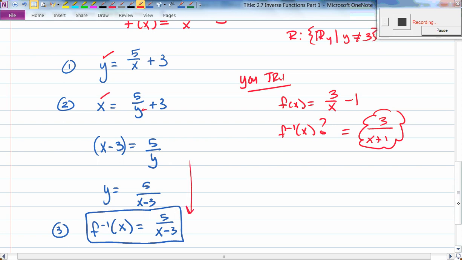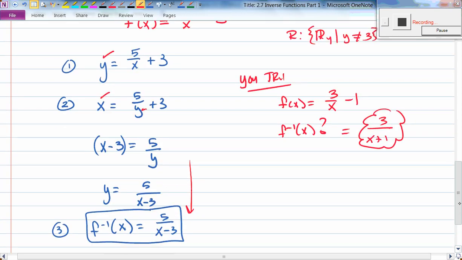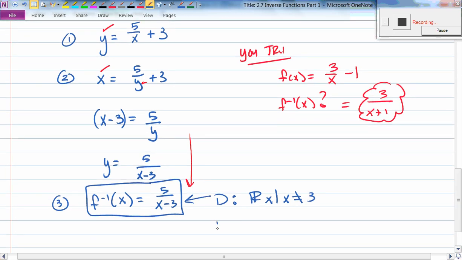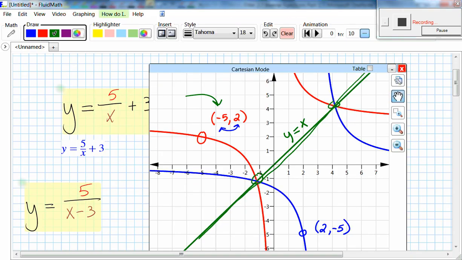Now, a point that I forgot to make on that last one here. What is the domain of my inverse function here? All x such that x is not equal to what? Looking at this function, x, it cannot be 3, right? And what's the range of this function? All y such that y cannot be... Well, let's go back and look at the picture. What's the one thing that y can't be? Check it out. It's right there. So it's 0, right?